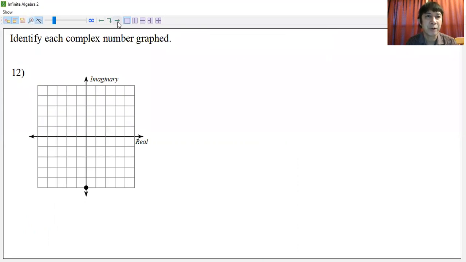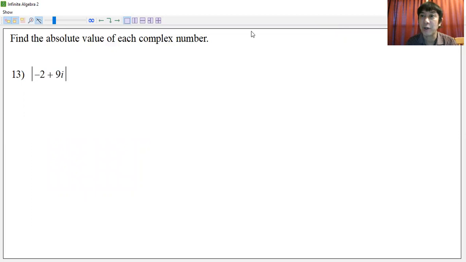Let's have number 13. We're now doing absolute value for the given. Now the formula for the absolute value, you just have to make use of this formula.